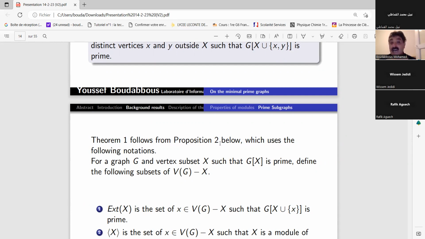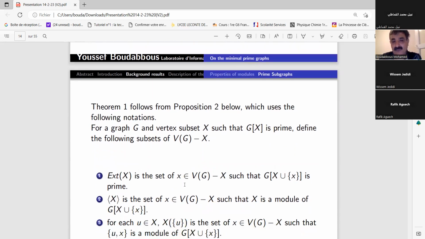Given a graph G, not necessarily prime, and a vertex subset X such that the induced subgraph Gx is prime, we will define some subsets of V(G) minus X. We denote Ext(X) the set of vertices outside X such that if we add the vertex to X, we obtain a prime graph. We extend the primality of this graph. Thus, Gx union this vertex is prime, and the vertex is an extension.